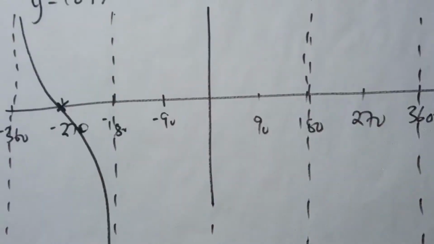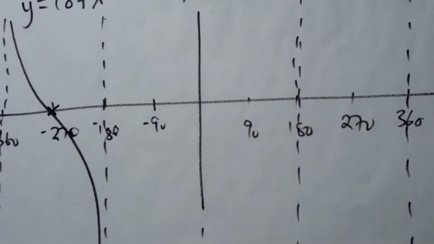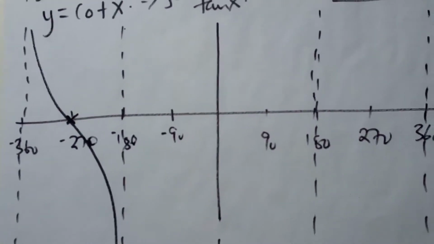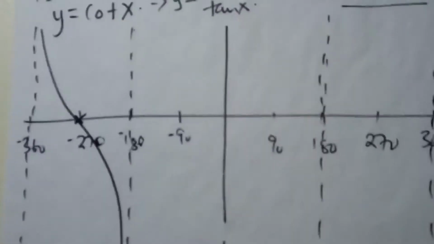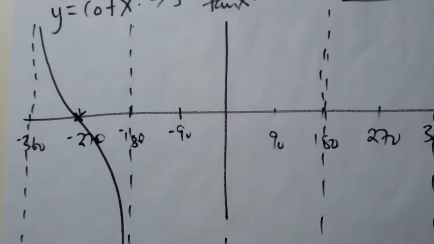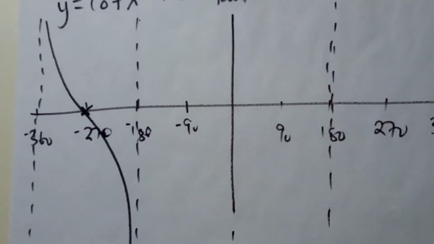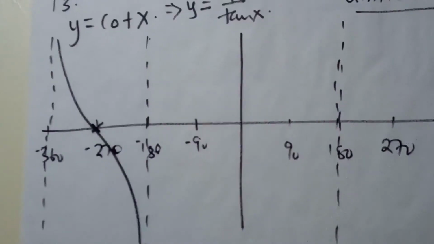But let us just jump to the right and have negative 179. What about the tangent of negative 179? You will see that it is a very small positive number, 0.0174. 1 divided by that small positive number is a big positive number.